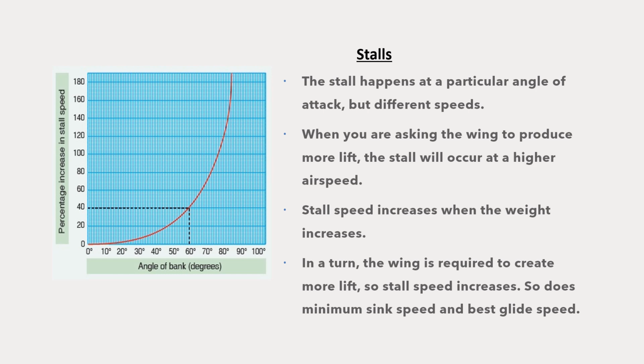This graph shows at different angles of bank what the percentage increase in stall speed is. Up through 30 degrees of bank, it's not that big, but when you get to 60 degrees and more, it starts to go up very fast.